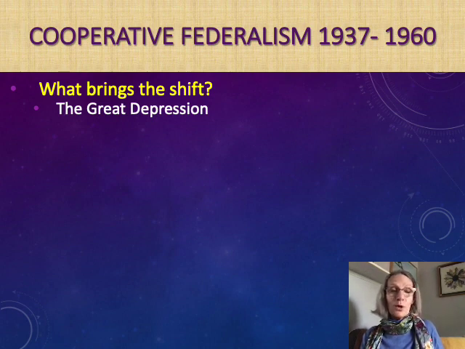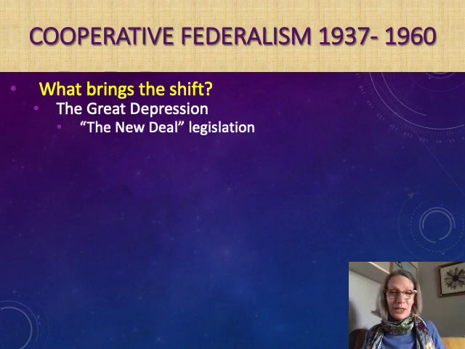And so the Great Depression happens in the late 1920s, not just in the United States, but throughout the world. The Great Depression is a huge economic downturn where people lost many jobs and the value of currency really plummeted.